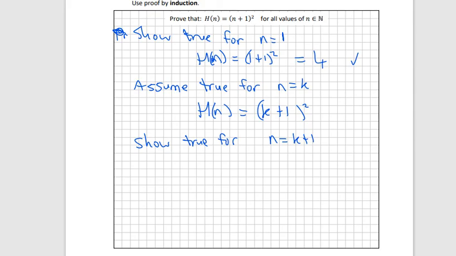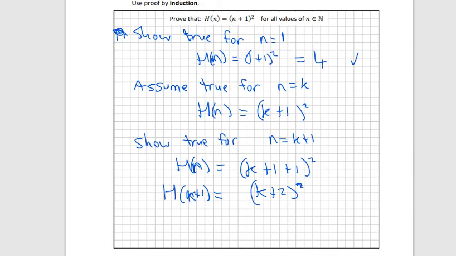That would be, well, h of n would be equal to (k plus 1 plus 1) squared. So that's (k plus 2) squared. And really, this is h of n plus 1 that we're finding. So we have to show that that's true.